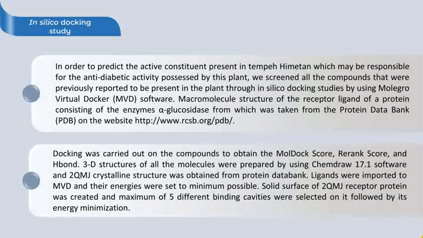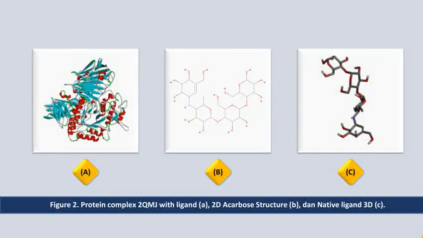2KMG crystalline structure was obtained from protein data bank. Ligands were imported to MVD and their energy were set to minimum possible. Solid surface of 2KMG receptor protein was created and maximum of 5 different binding cavities were selected on it followed by its energy minimization.